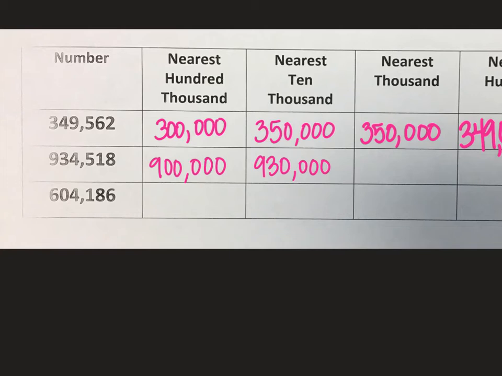What about the nearest 1,000? What number is in the thousands place? Maddie? What digit? 4. The 4. I'm going to draw an arrow to the 5. Okay, what do I do? Does the 4 stay the same? Does it rest? No. Or do I change it? Do we round up?